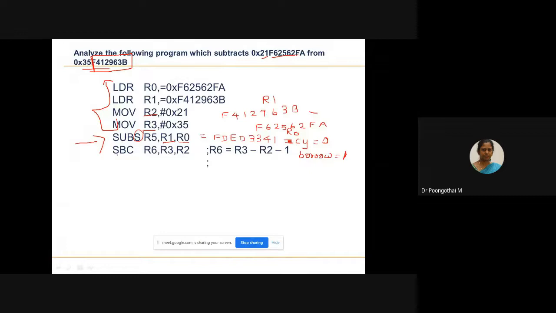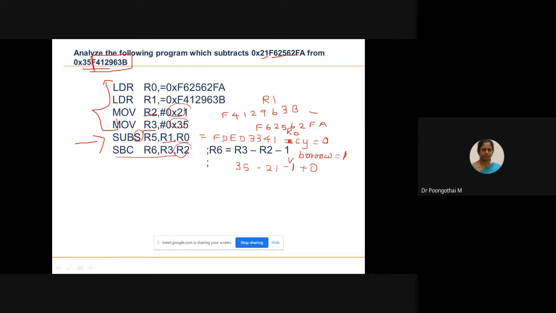So what is the next operation? SBCS R6, R3, R2. What is the content of R2? R2 holds this 21 and R3 holds this 35. So R3 minus R2 minus 1, because R3 holds 35 minus 21, borrow plus carry. That is the representation for subtraction.